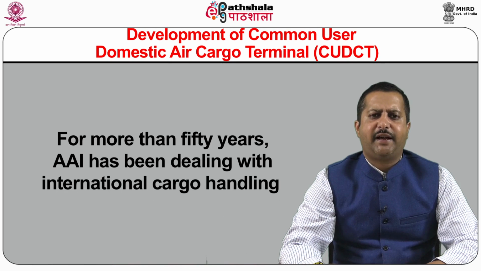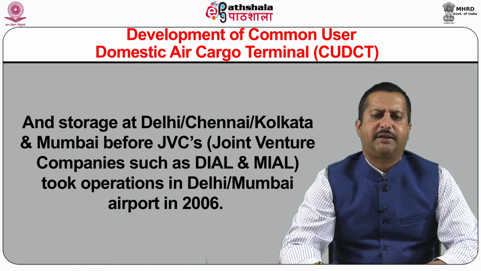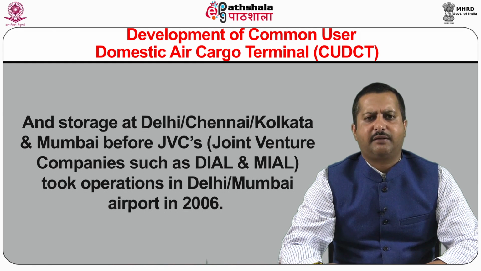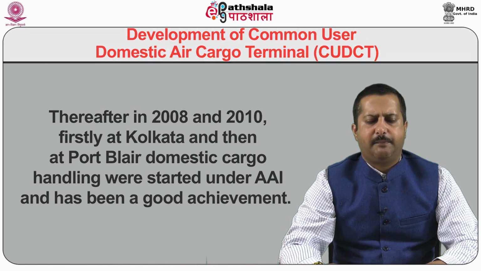For more than 50 years, AAI has been dealing with international cargo handling and storage at Delhi, Chennai, Kolkata and Mumbai before JVCs, that is joint venture companies such as DIAL or MIAL, took over operations at Delhi and Mumbai airports in 2006. Thereafter in 2008 and 2010, firstly at Kolkata and then at Port Blair, domestic cargo handling was started under AAI and has been a good achievement.